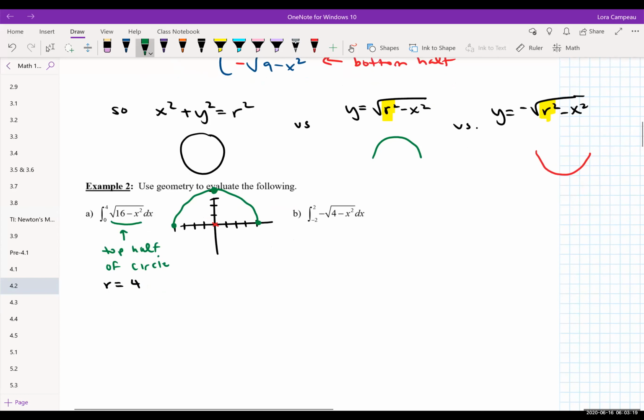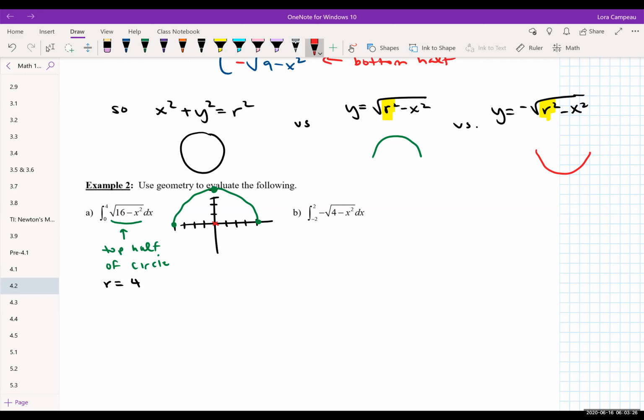They are not asking us for the entire circle. They're asking us from x equals 0 to x equals 4. So you're only looking at a portion of the circle. So we can color this in just so that we can get an idea that it's a half of a circle.